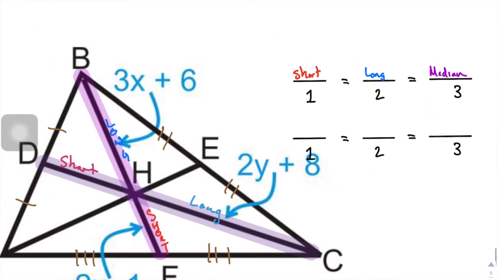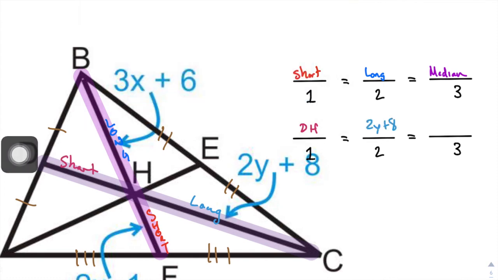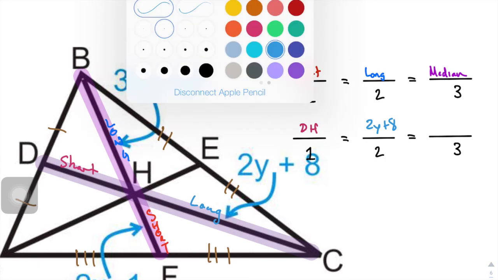So the short, I don't have any numbers corresponding to that particular short, so I'm just going to leave it as DH. Long, I see that it's 2y plus 8. And then median, I don't see anything here, so I'm going to leave it as DC.